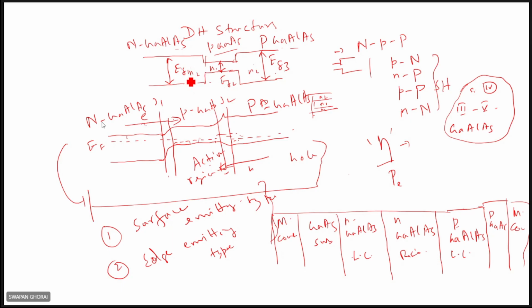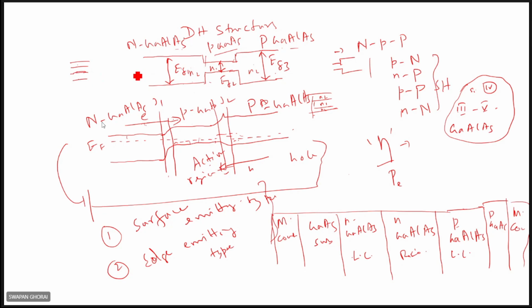Second condition, how will optical field confinement be satisfied? There are 3 layers, and the middle layer is the active layer. Just like an optical fiber, if this layer's refractive index is high compared to the others, then whatever optical field is there will be trapped within it. So the field will be confined within these regions.